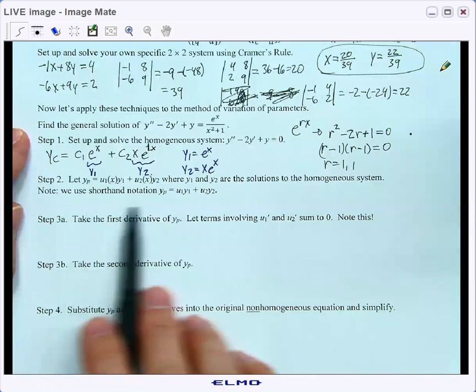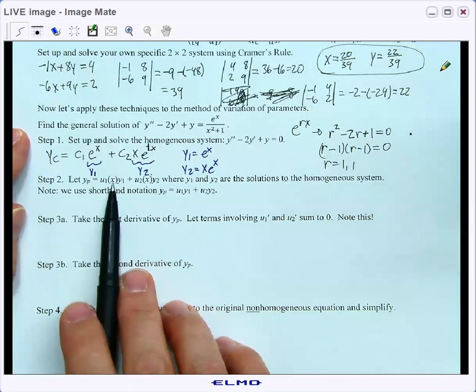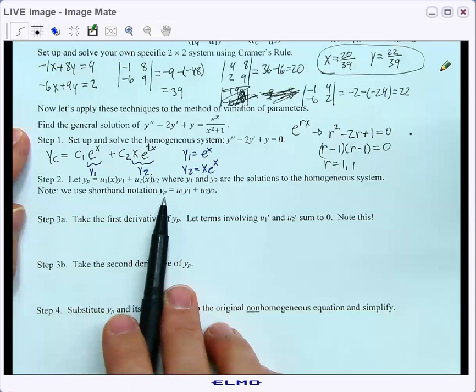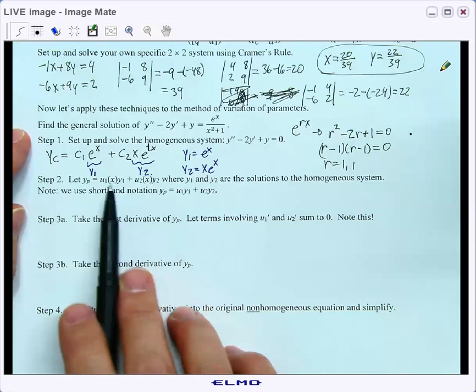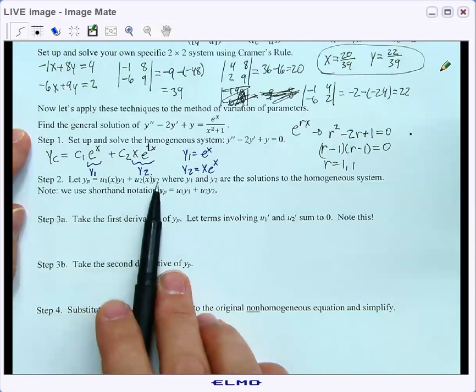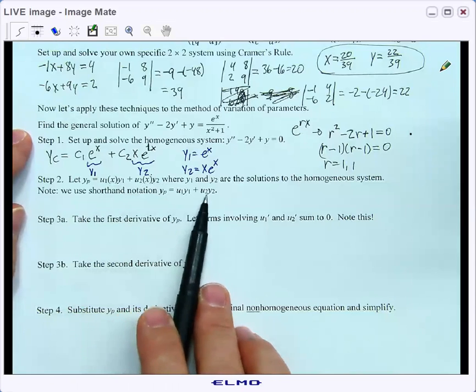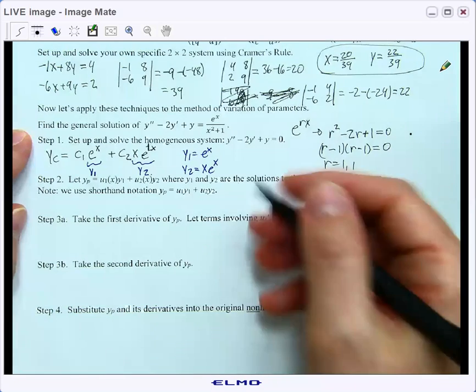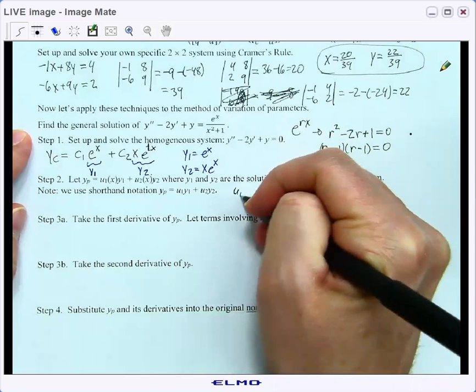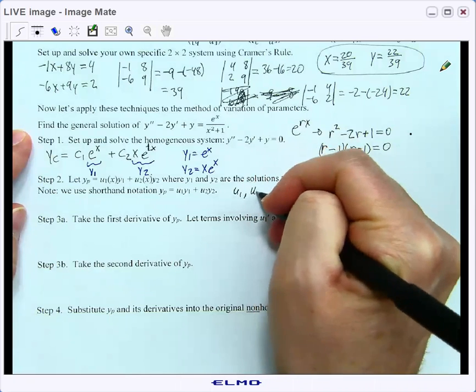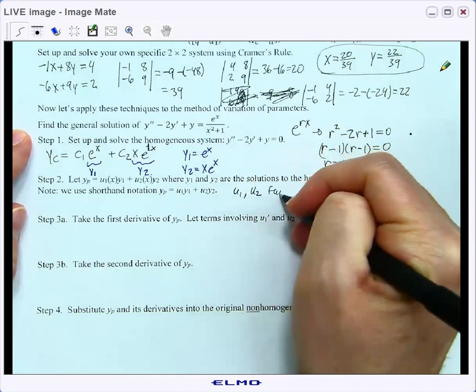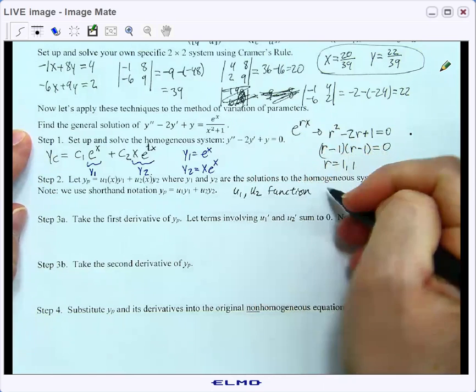And we're going to stop writing the of x and just use shorthand notation and say y sub p equals u1 times y1 plus u2 times y2, understanding that these are each functions of x. Notice that the u1 and u2 are functions, not just constants.